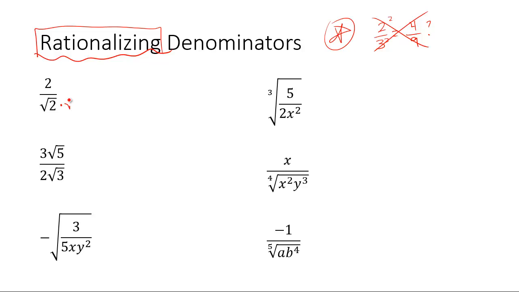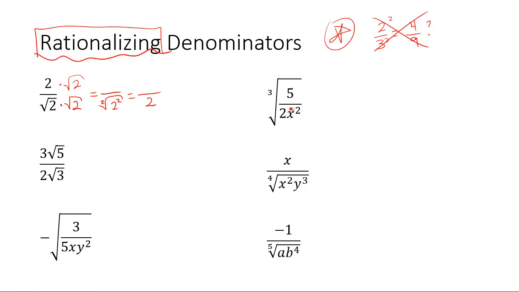If you multiply it by root 2, then you will have root 4, which is 2. You could also see it as the fact that it's 2 squared, and it's a square root. So if we do that to the denominator, we also need it in the numerator.